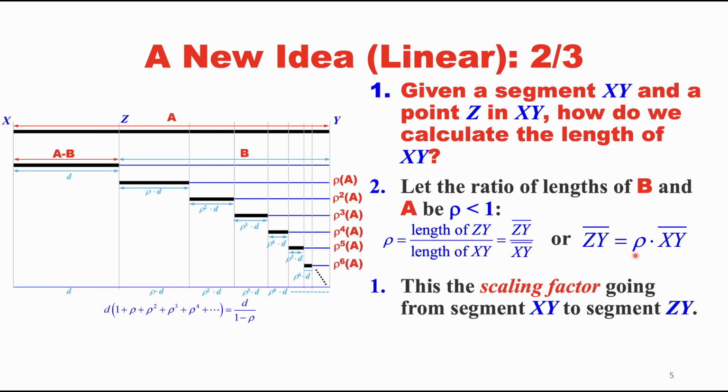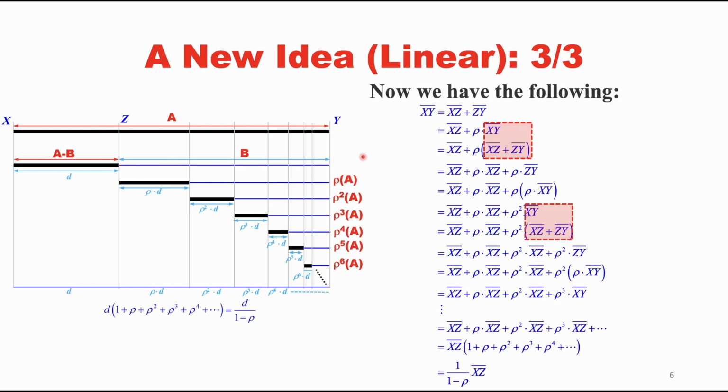Therefore, this factor rho, or the ratio rho, is referred to as the scaling factor, going from XY down to ZY.